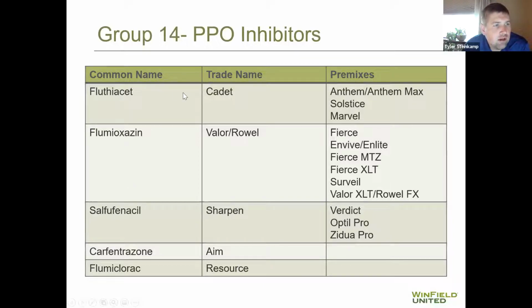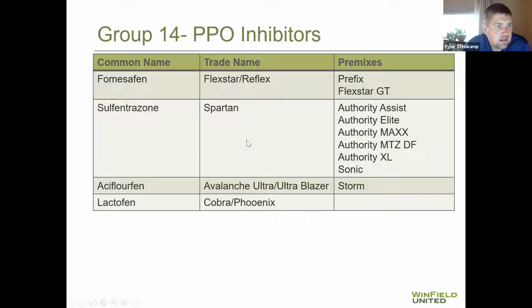If you look at things like Valor, Sharpen, even Flexstar, they do have some soil activity. Spartan, sulfentrazone here, those do have soil activity.